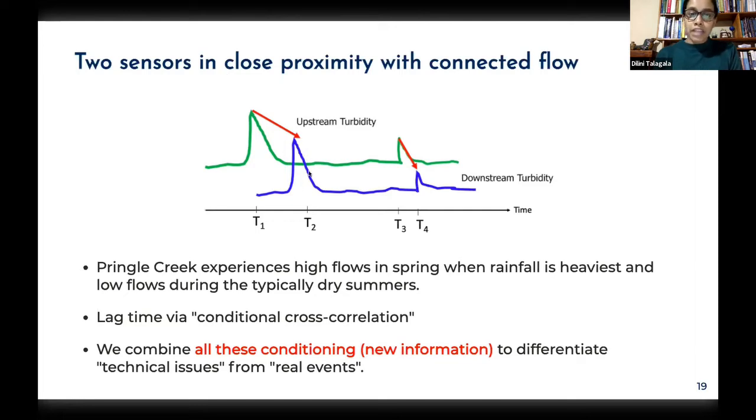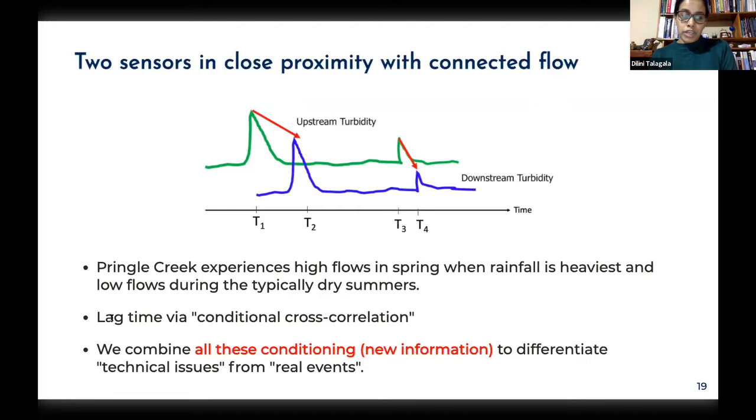For example, imagine the blue sensor is where I want to detect anomalies. That is my downstream turbidity. I'm going to take the information coming from the upstream turbidity to talk about the behavior of my downstream, and thereby identify the anomalies in my downstream turbidity. So this is conditioning on the upstream variables.